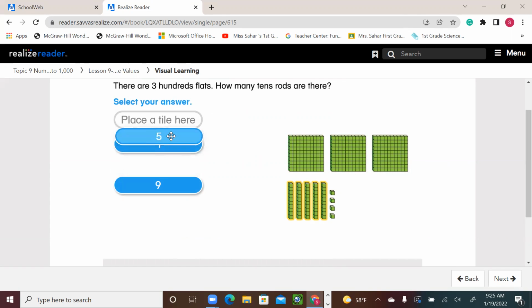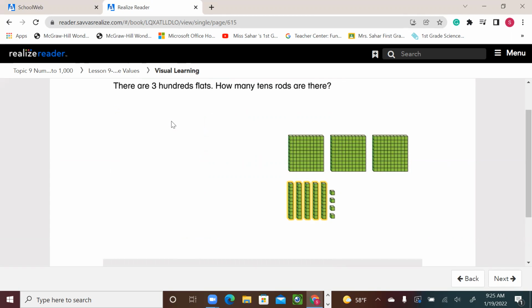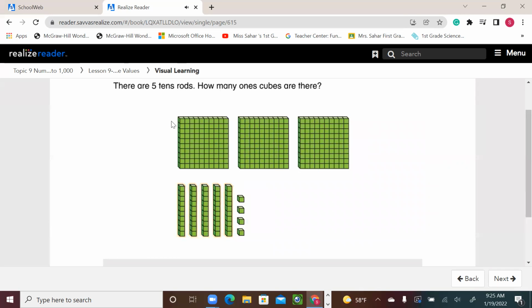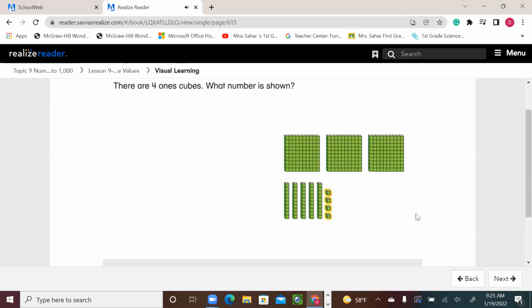So there are 5 tens rods. How many ones cubes are there? There are 4 ones cubes. What number is shown? 350. 1, 2, 3, 4, 50, and 4 ones. 354.